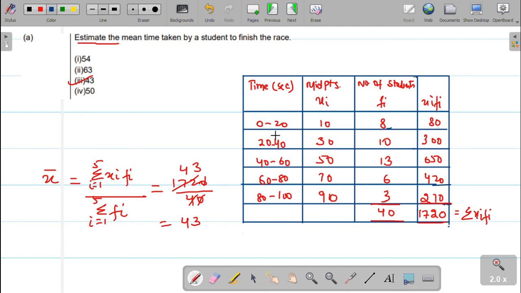All these 8 students will probably have different timings from 0 to 20 seconds, but we have assumed that all are taking 10 seconds. Similarly, all these 10 students will take time between 20 to 40 seconds, but we have assumed that they are all taking 30 seconds. So we are doing small little assumptions there. So that's why we call it estimate the mean, because you do not have any other way to find out the exact mean in this kind of data.